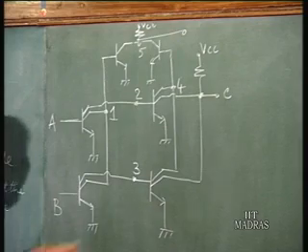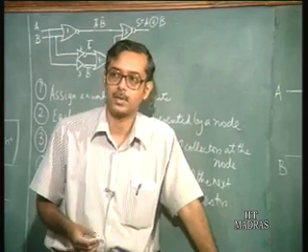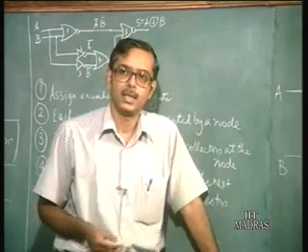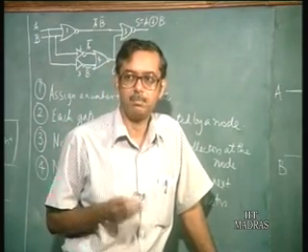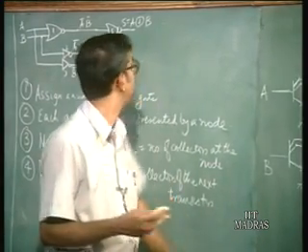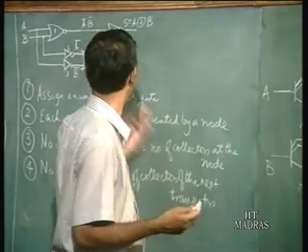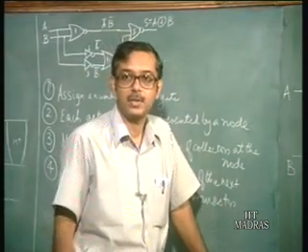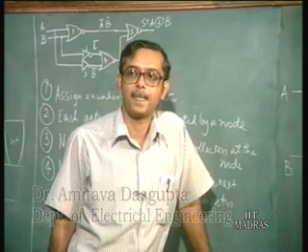Now, you see that the advantage of I squared L is very much glaring here. You have made a complete half adder, which requires 5 gates, 1, 2, 3, 4, 5, and you just required 6 transistors.